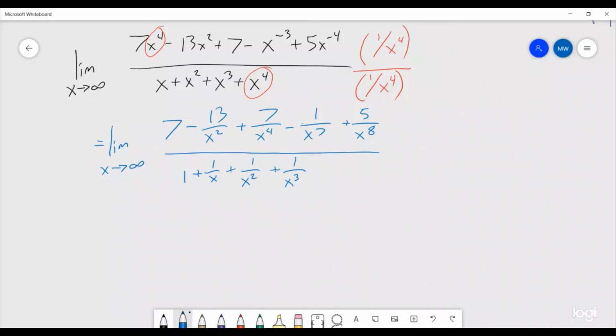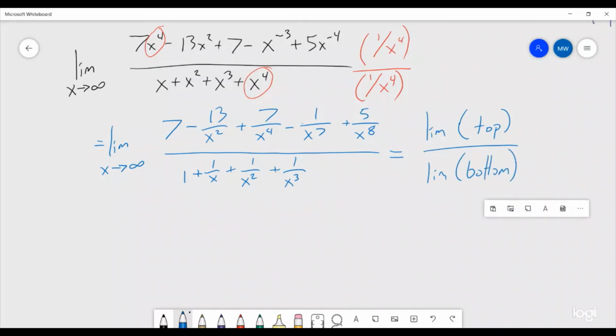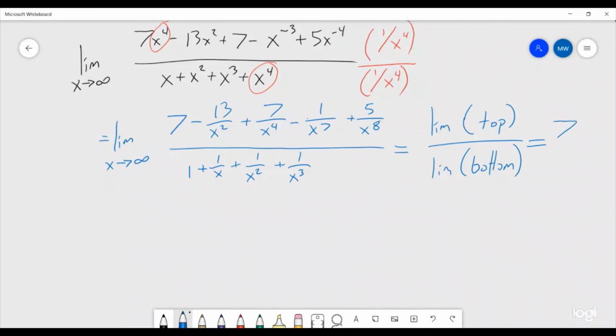So we can break this limit up into the limit on the top over the limit on the bottom, which is not too hard to show is going to be 7 over 1. So this limit is equal to 7.